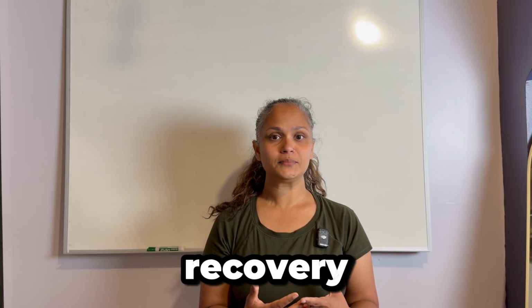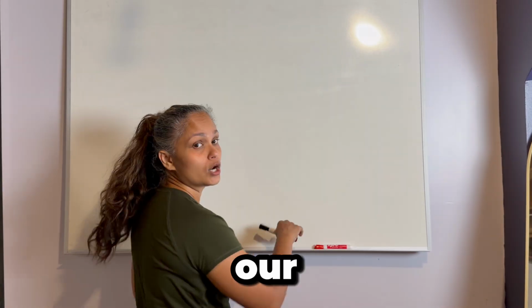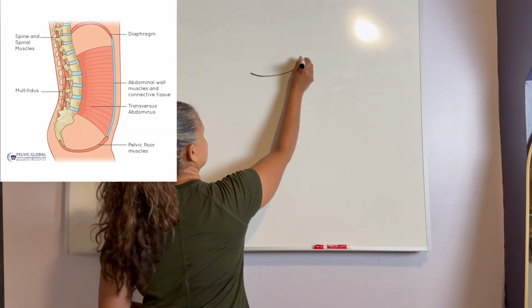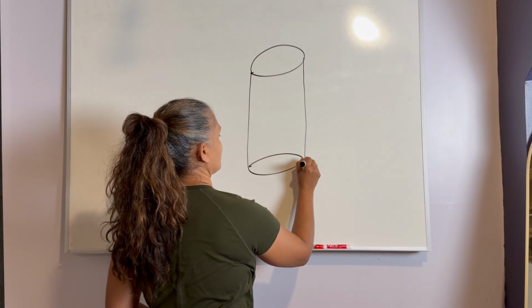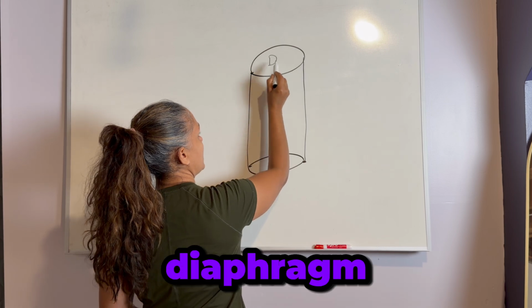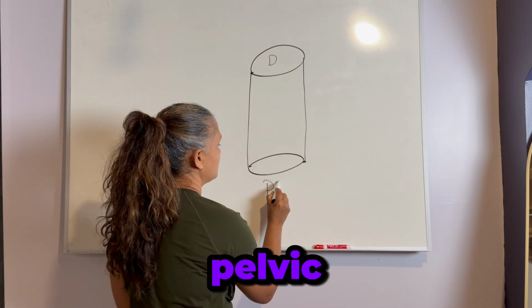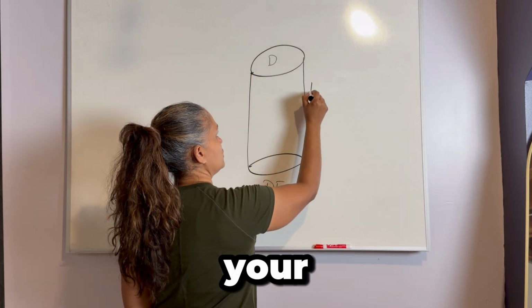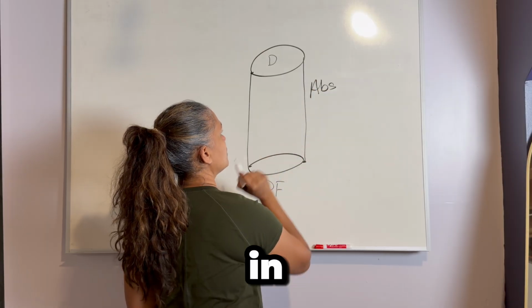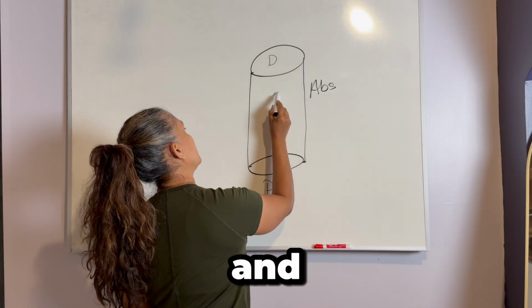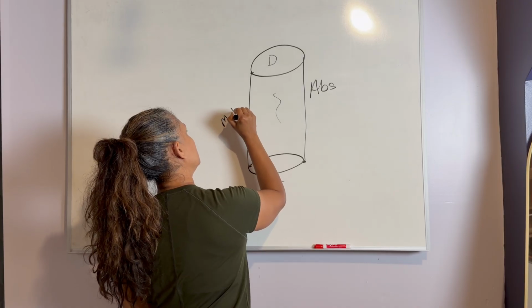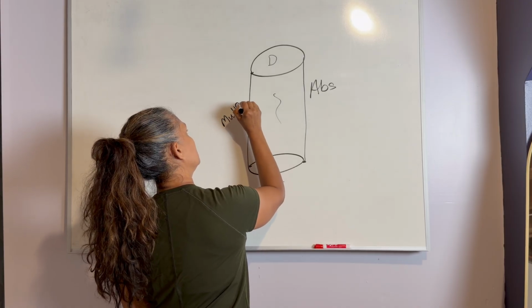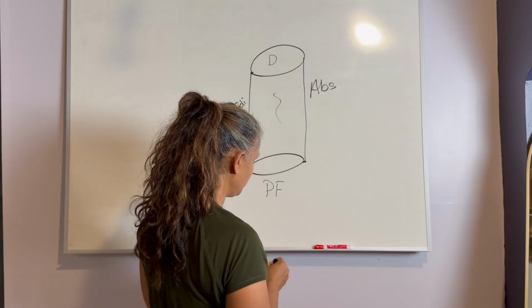core recovery. So when we look at our core canister, you have your diaphragm at the top, your pelvic floor on the bottom, your abdominals in the front and on the sides, and your multifidi in the back.